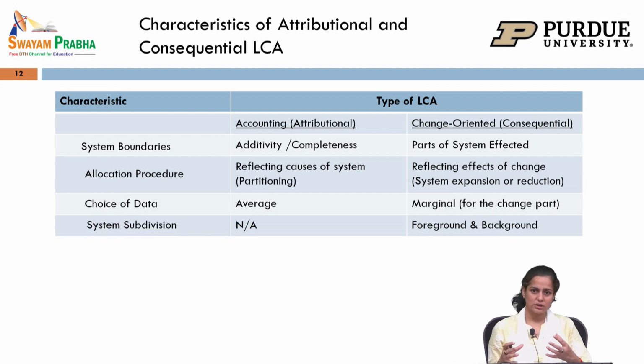Foreground processes are the ones that are actually being affected due to the change that we are proposing in the life cycle of the system, and background are the ones that are not being affected. So, once you do that system subdivision, it is very easy to delineate which one would be part of your study and which one will not be part of your system boundary.